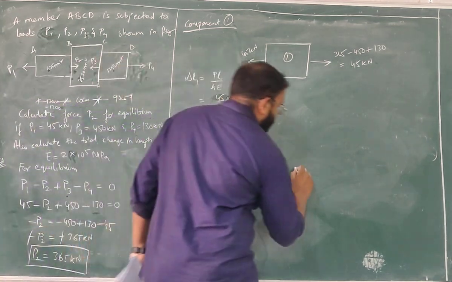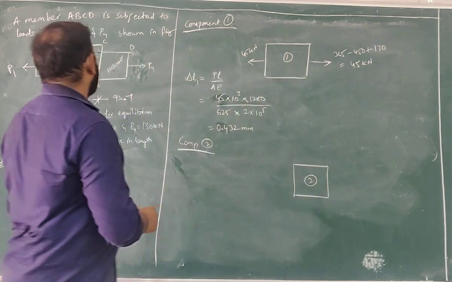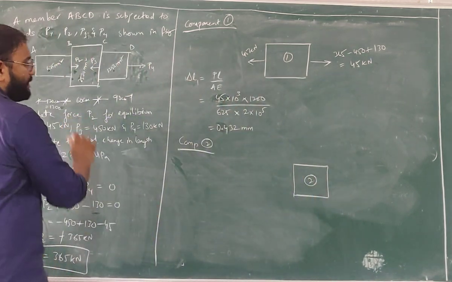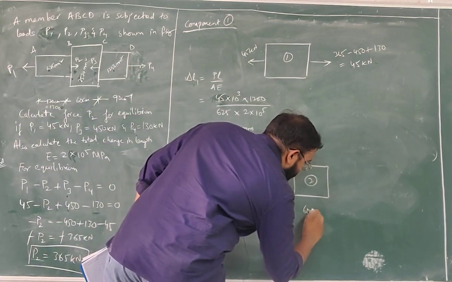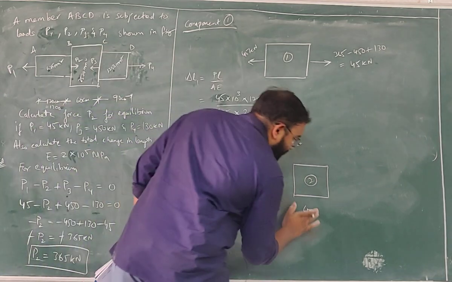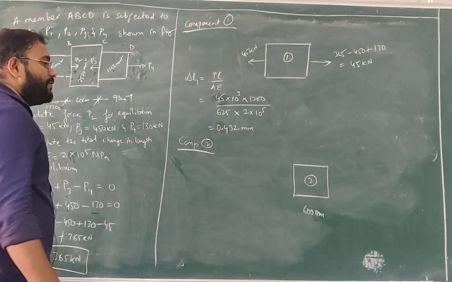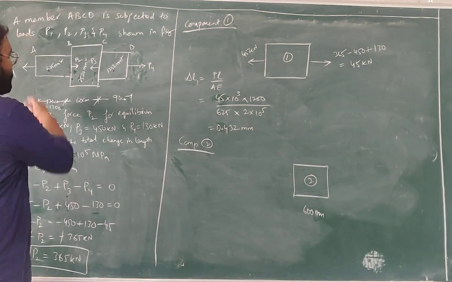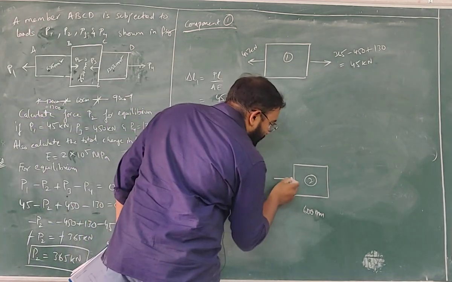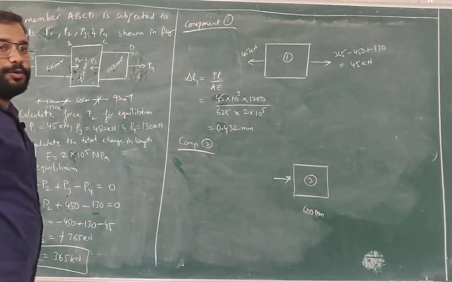Similarly, component 2. This is your free body diagram or individual diagram of component 2. Length is 600 millimeter. Now area given to you is 2500 millimeter square. Left side you have a compressive force which is plus P1 minus P2.